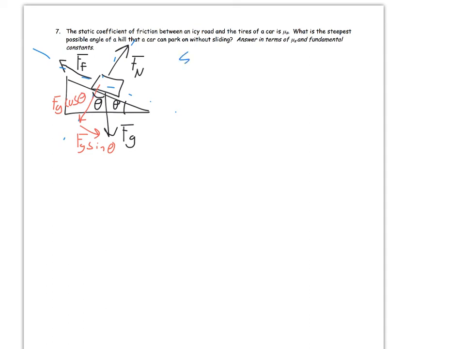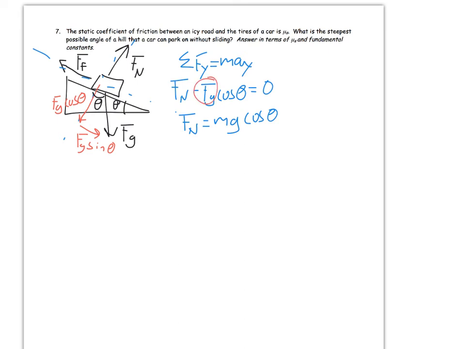Setting up my forces in the y direction, like I always do, we have normal force minus Fg cosine theta equals 0, because we're not accelerating in the y. So my normal force equals mg cosine of theta, because I'm substituting in for Fg. Fg just equals mg. So there's my y.